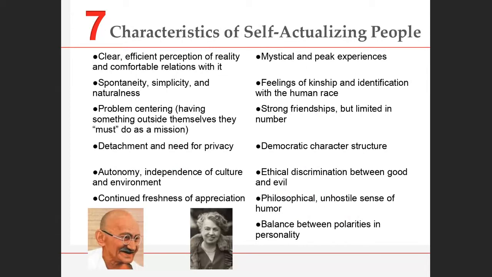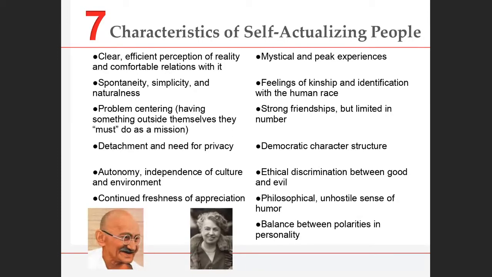And then they're very spiritual because they have these mystical and peak experiences. He named quite a few historical figures such as Gandhi and Eleanor Roosevelt as self-actualized. He also named Abraham Lincoln. And if I were making this list, I would put Jesus on here. I'd put Martin Luther King Jr. I would put people like that.